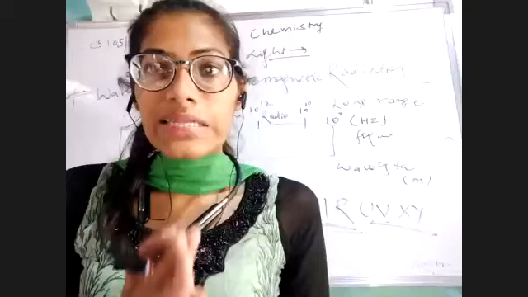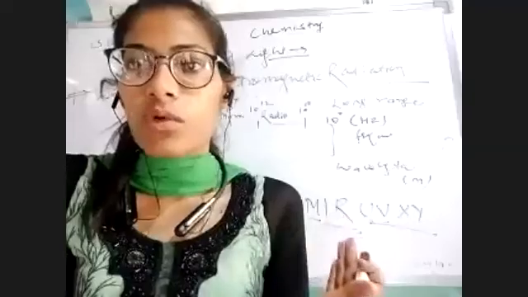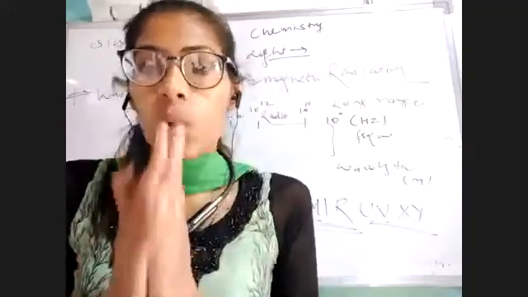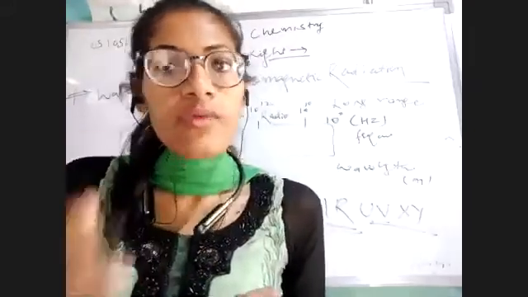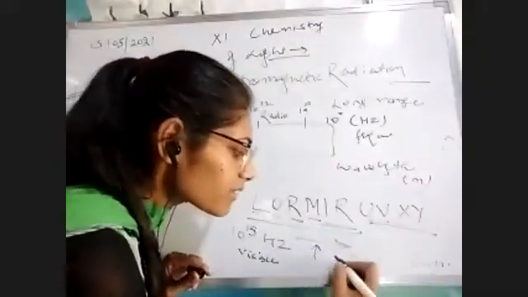X-rays, gamma rays, alpha rays, beta rays, we have studied in the other model. So all these things are related to each other, and this is known as the electromagnetic spectrum, which depends upon the increasing order of frequency. So this Lormir UVXY depends upon the increasing frequency.